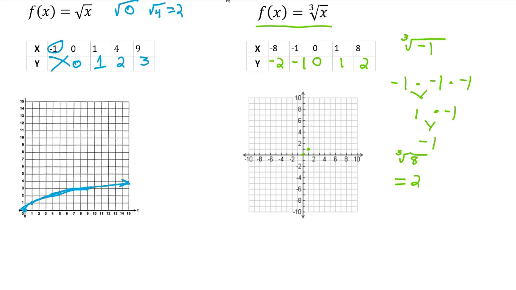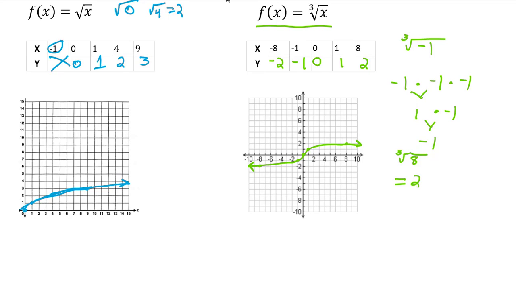At 8, we're at 2. At -1, we're at -1. And at -8, we're at -2. So let's say if we kind of graph this curve here for us. Should look something similar to this portion here. All right, something like this.